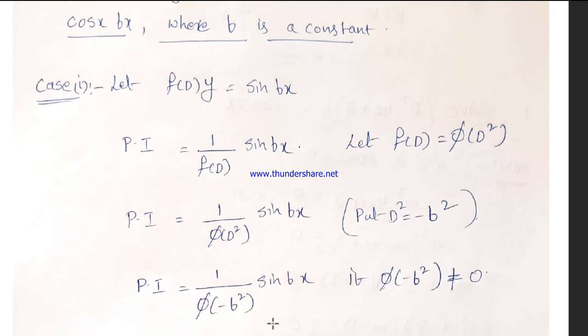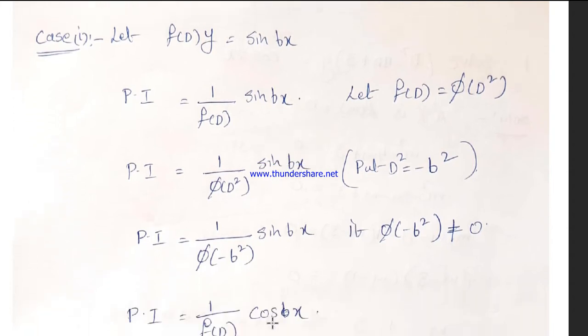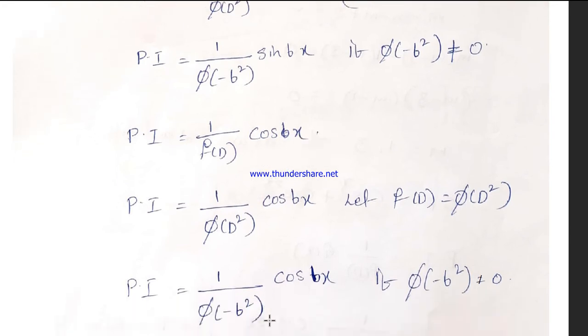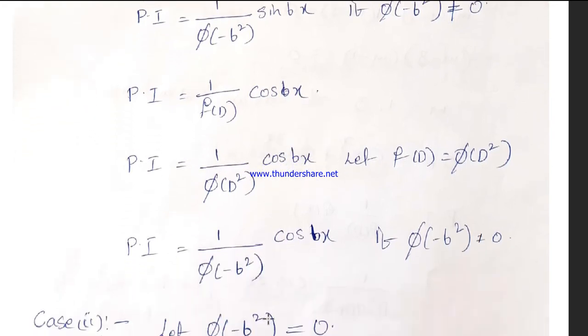So next case is, the next term is cos bx, that is the particular integral equal to 1 by f of D into cos bx. In the case of Q of x equal to cos bx, again we have to apply the same procedure. We consider the D square terms, let f of D be equal to phi of D square.